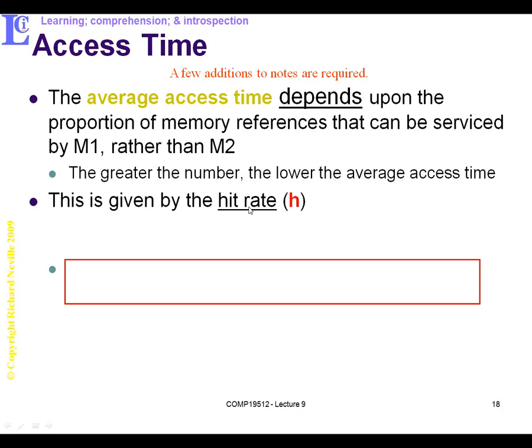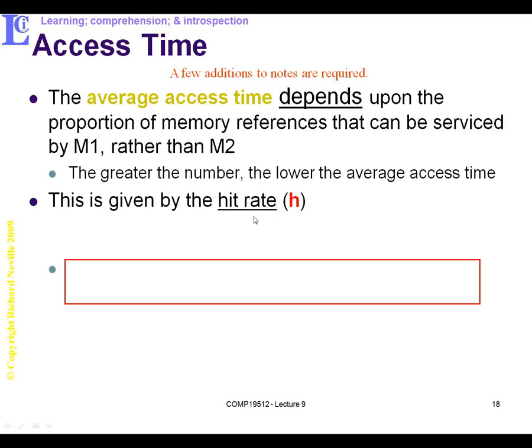That naming convention is related directly to M1. It says if the data is in M1, we've hit the data and we want to know the hit rate. So we'll explain what that is in a minute. So what we're talking about here is some ratio that tells us how often we hit on the data in M1 as opposed to having to go to M2.